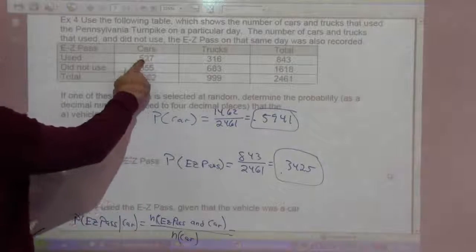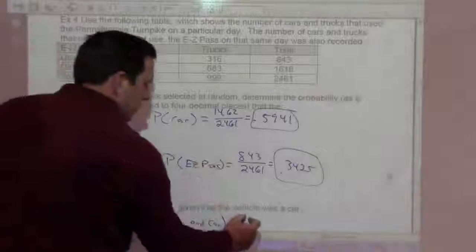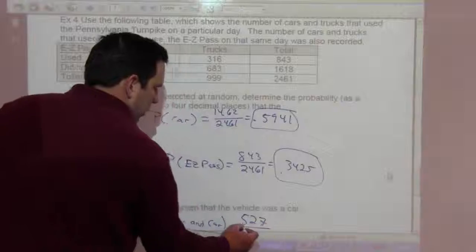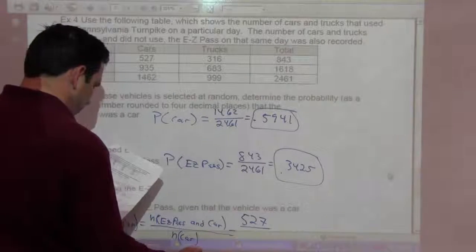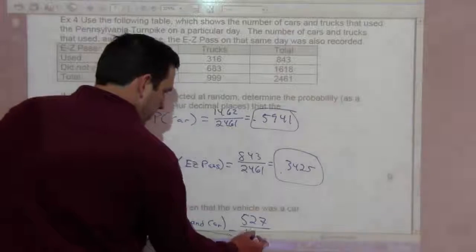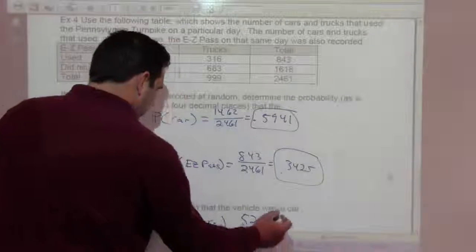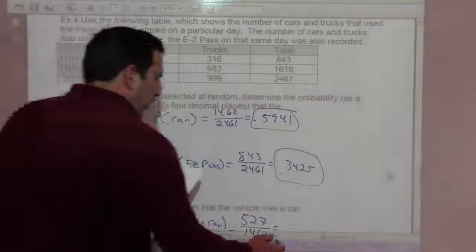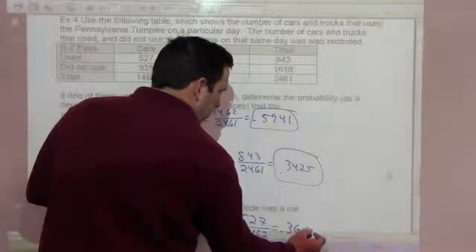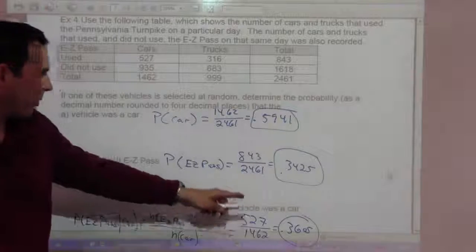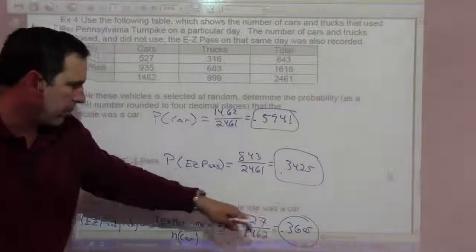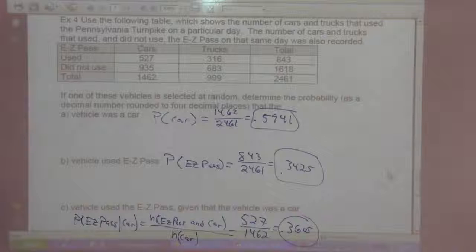There are 527 cars that use Easy Pass. Out of how many cars? 1,462. That's 0.3605. So the probability of being a car that used Easy Pass is greater than the probability of just using Easy Pass in general. It means trucks must have a lower usage rate. Okay, I want you to write that down.